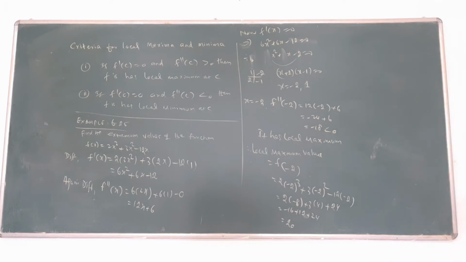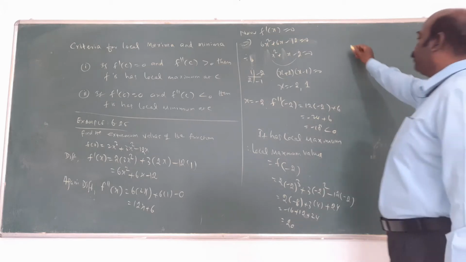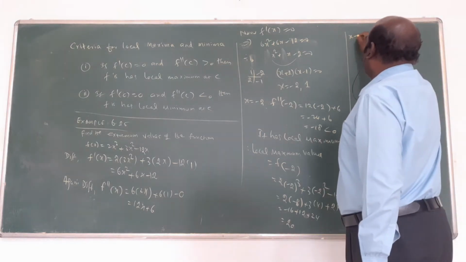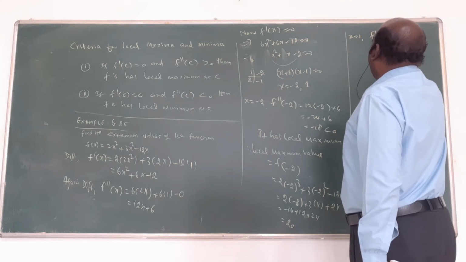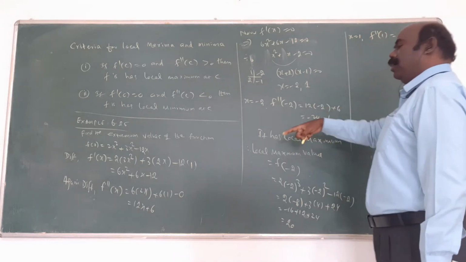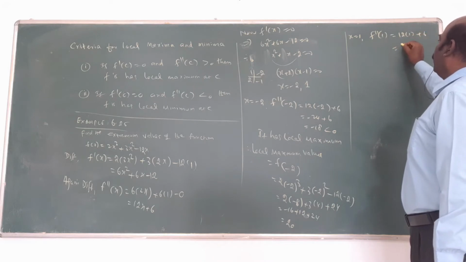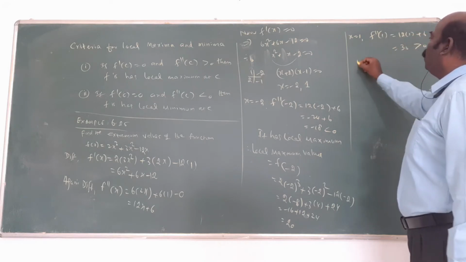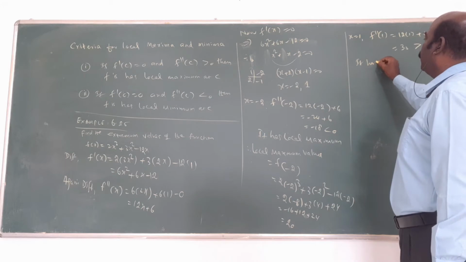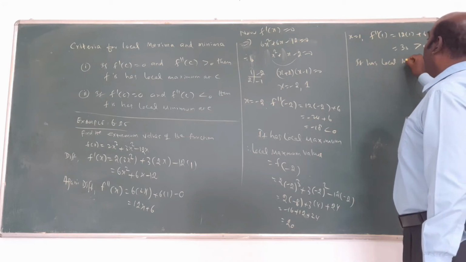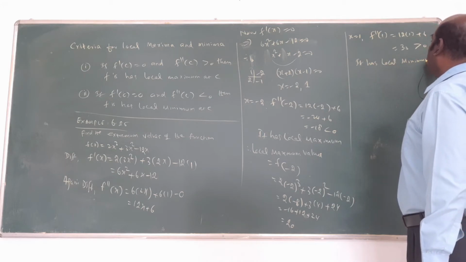Now what is one more value? When x equal to 1, substitute in the second derivative. f''(1) equal to 12 into 1 plus 6. That is what? 18, more than 0. It has a local minimum.